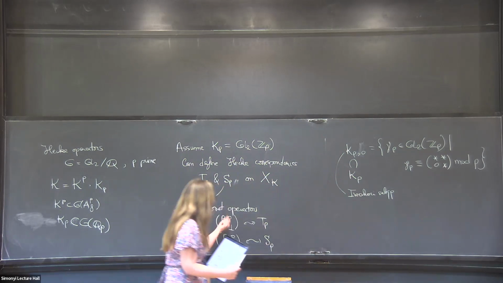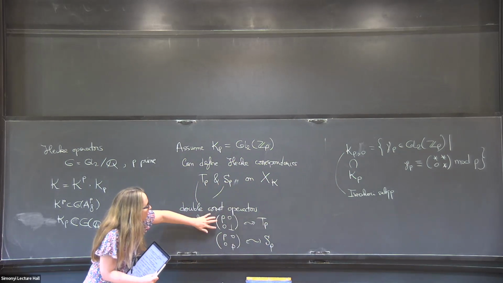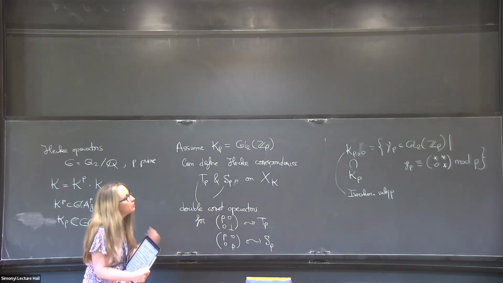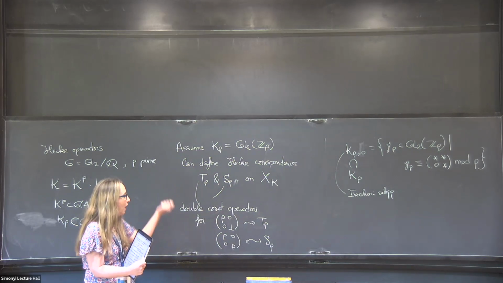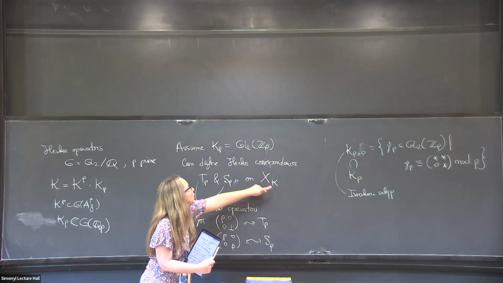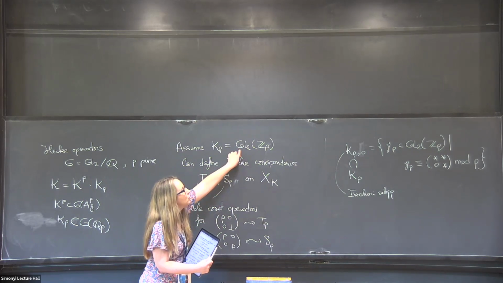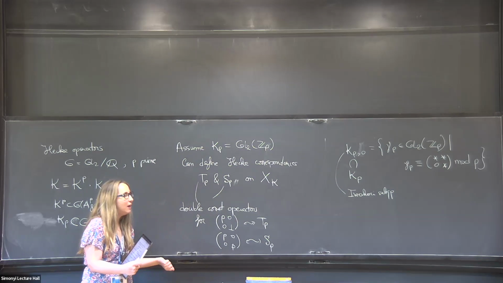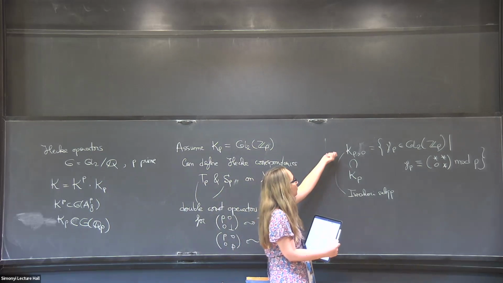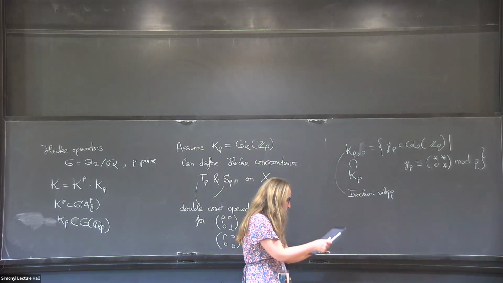So if I want to understand how this 2x2 matrix will act on the tower at infinite level, but I want to remember some shadow of this action at finite level K, where I have GL_2(Z_p) at p, then I don't have to go all the way up the tower. I just have to go to the Iwahori level.